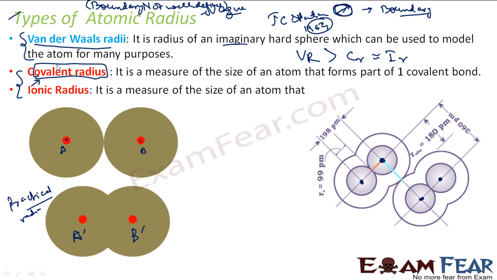So this slide was just to tell you that the moment you talk about atomic radius it is a little confusing, which one to talk about, right? So there are 3 kinds of atomic radius. In fact, if you Google a little bit, you'll find that there are 3 kinds of radius, and if you go to some sites, they also talk about van der Waals radius, covalent radius, and ionic radius. And all 3 they have shown differently.